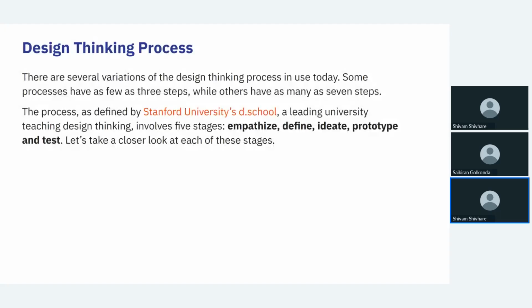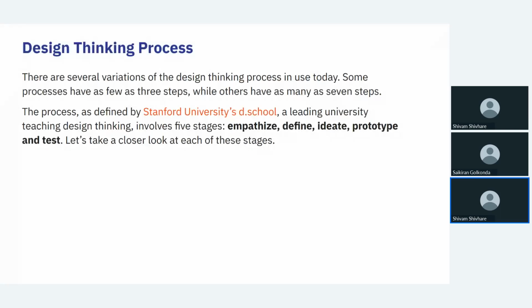So what are the different steps in the stages of the design thinking process? The design thinking process has several variations. Some processes have 3 steps while others have 7 steps. This design thinking process is defined by Stanford University, a leading university.